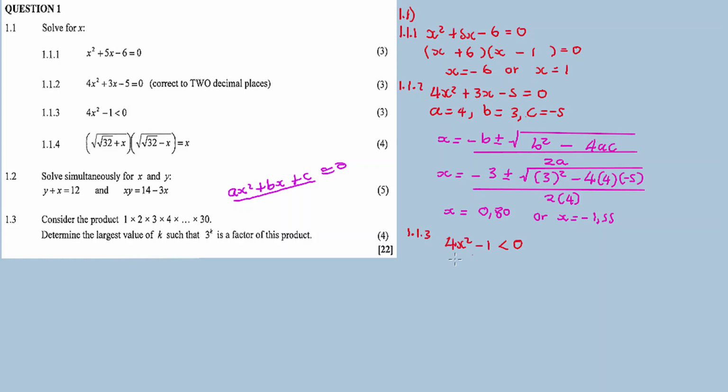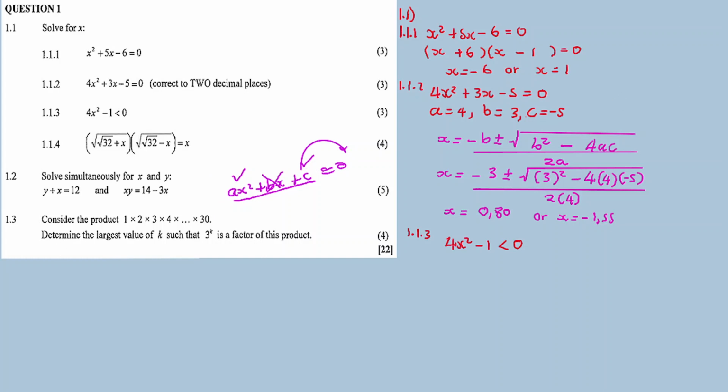But this equation has only two terms, this one as well as the constant, so there's no b. In many cases, what we do is transpose the constant, then divide by a and take the square root.